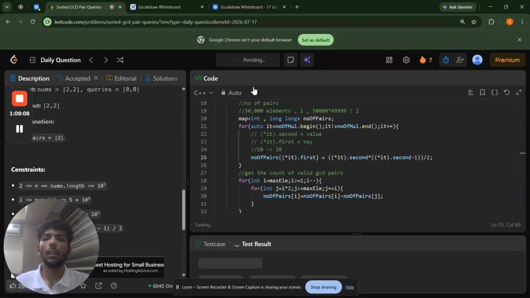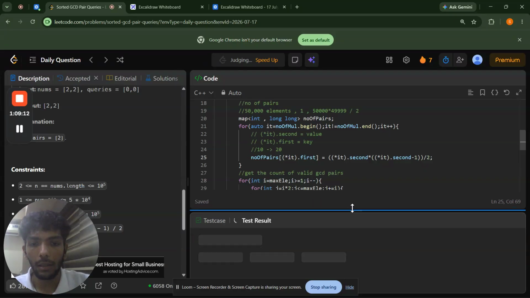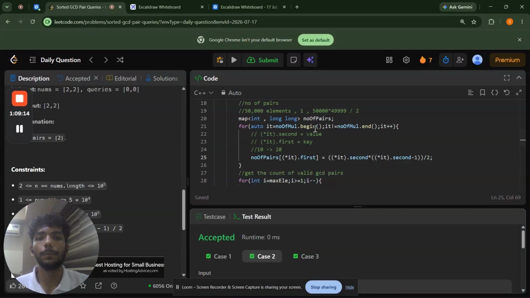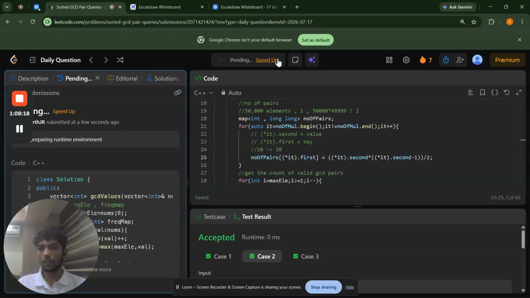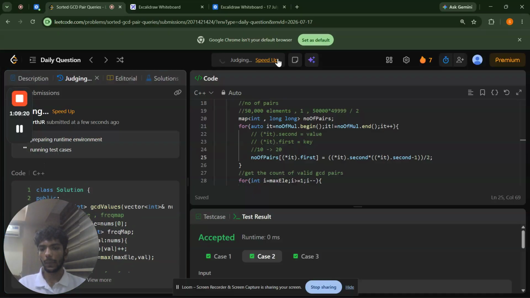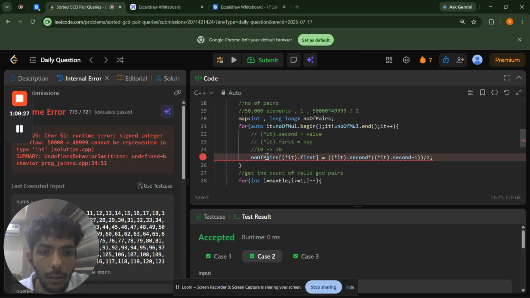Let's check it. There is no faking. I hope the submission also works. There is an integer overflow.